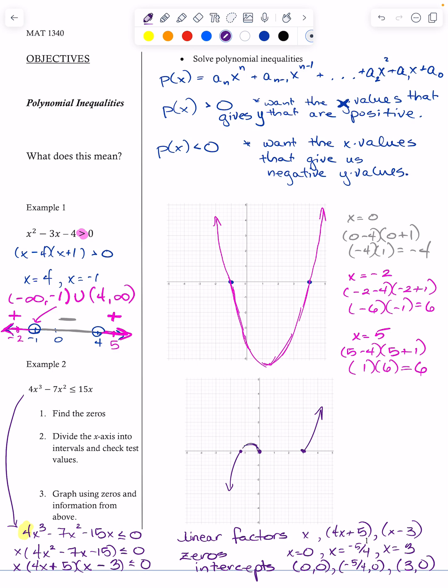Again, I don't care how precise my graph is. I just want to see where this is above and below the axis. So we're going to go with that. I want the y values right here that are less than or equal to 0. That happens over here, and the equal 0 part, and that happens right here.